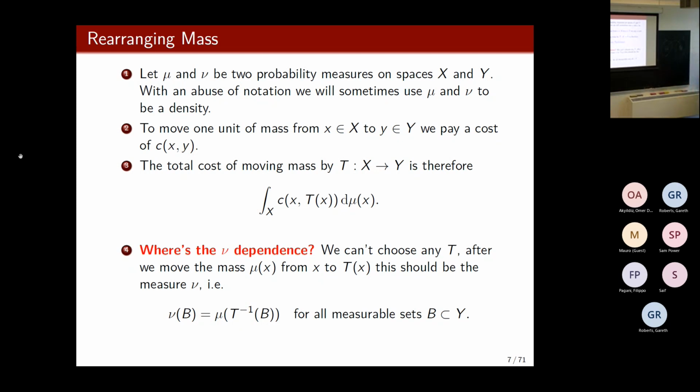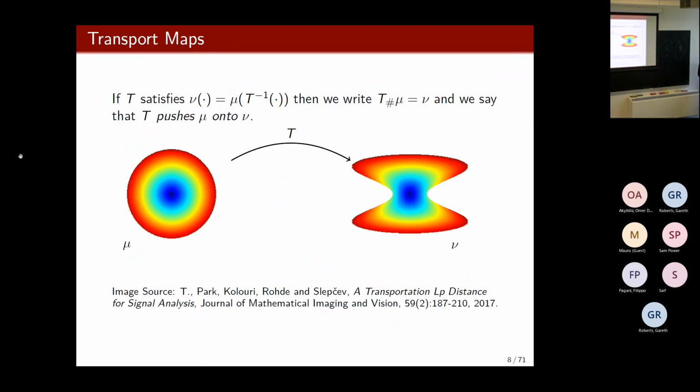I'm not saying that T is invertible, right? This is the set of points which maps to B.